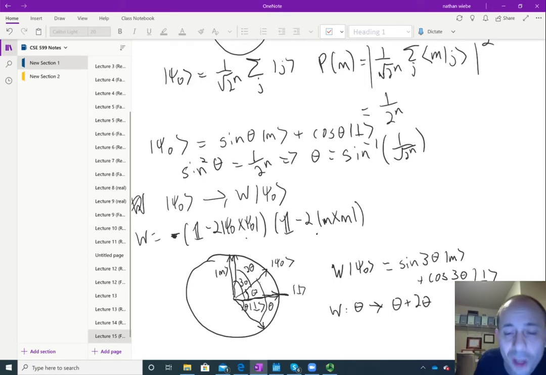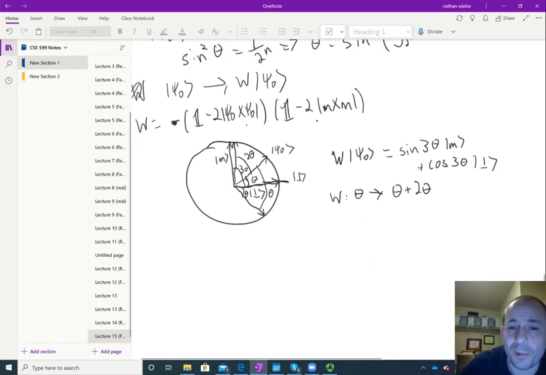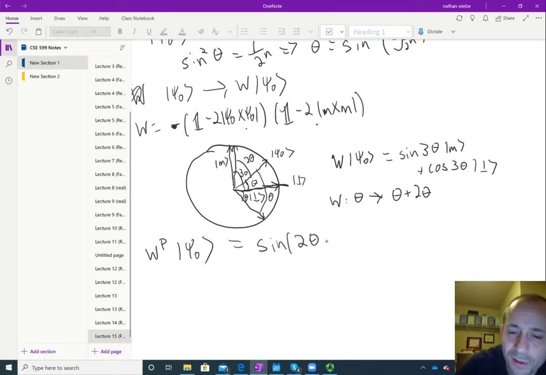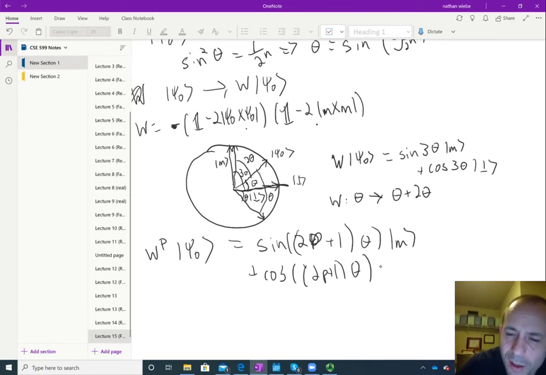Okay, so in general, if we ended up applying W to the P to our initial state, psi 0, this is going to give us sine of (2p plus 1) theta m plus cosine of (2p plus 1) theta perpendicular.